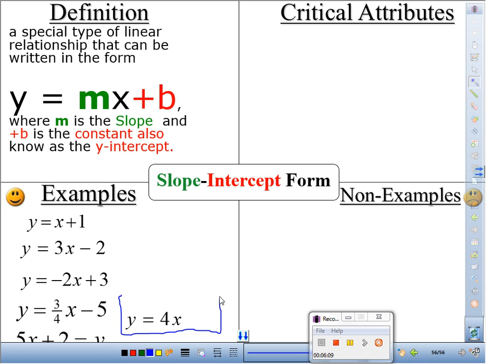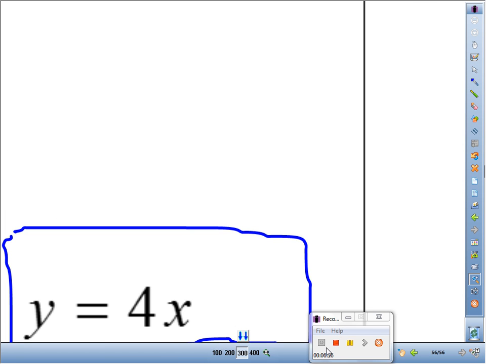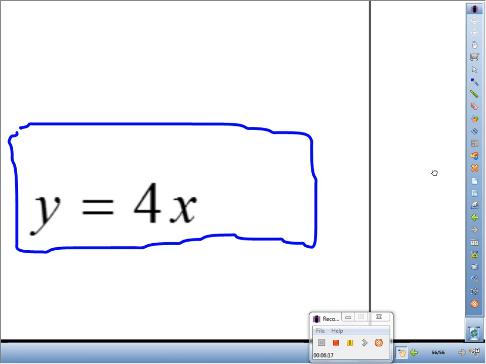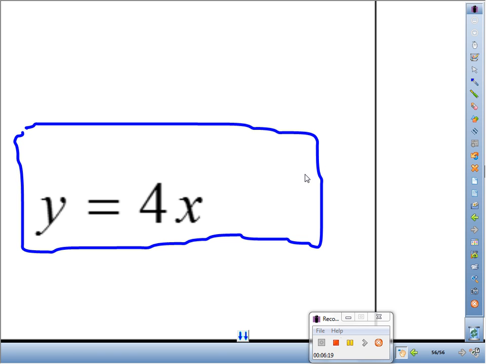Look at this one. Don't say it out loud first. Look at it. Okay. Think about the slope and think about the y-intercept. Tell your neighbor what they are.